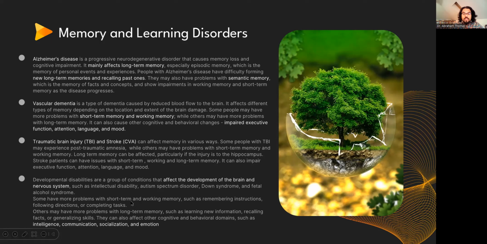Now, these can affect everything from your short-term working memory that involves remembering instructions, following directions, and completing tasks. Others might have more problems with long-term memory, such as learning new information, recalling facts, or generalizing skills. It can also affect other cognitive and behavioral domains, such as intelligence, communication, socialization, and emotion.